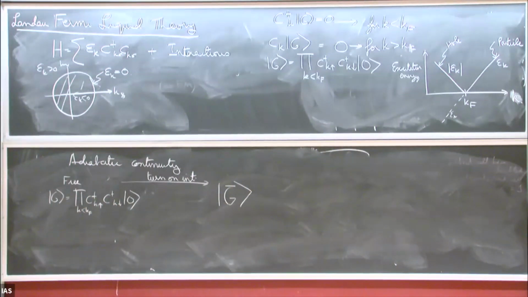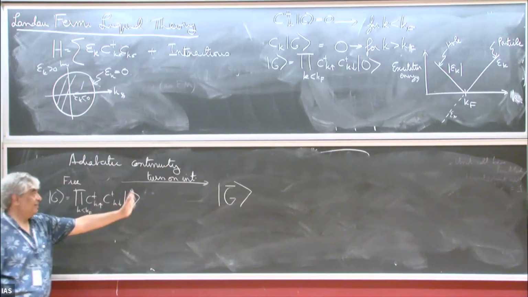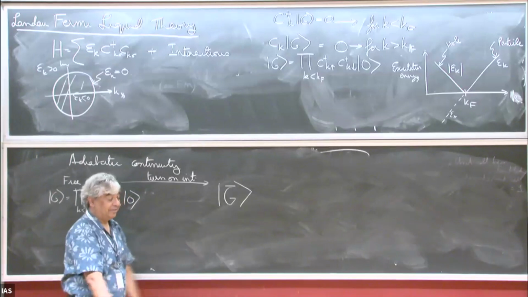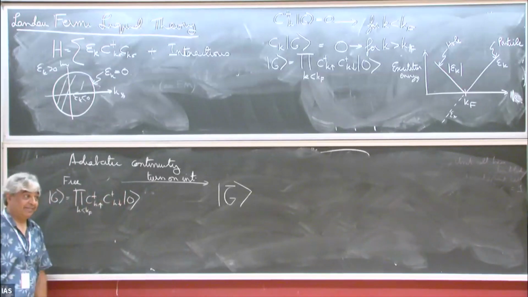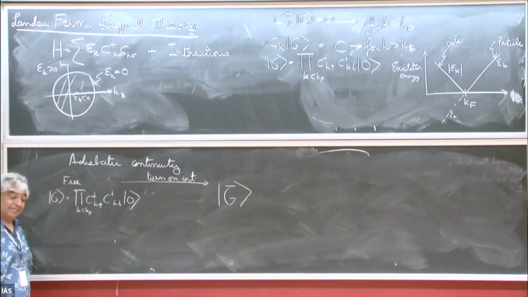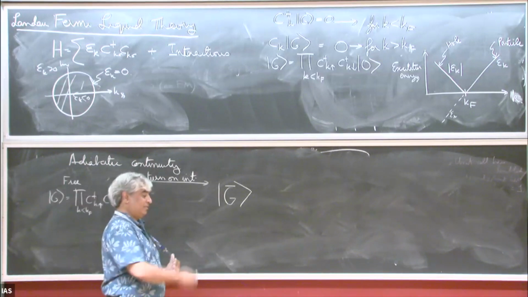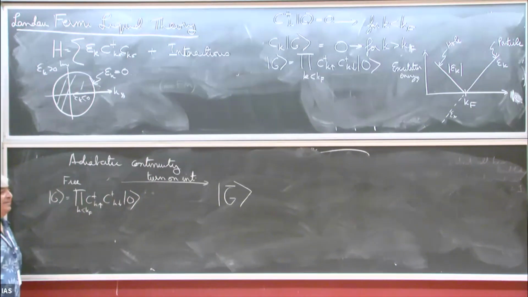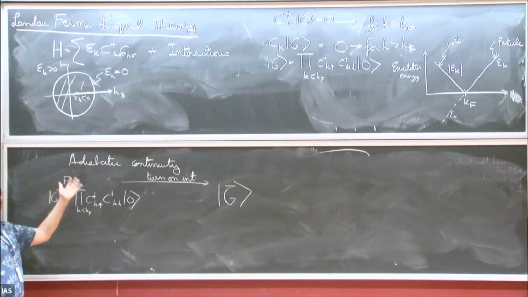And that's really one of the most important assumptions, that this is a smooth process, that along this way you don't encounter any singularity. Now, when you have a gapped state, that's a much easier statement to make. You say that if you can connect it without closing the gap, then you're fine. Here it's a bit tricky because it's a gapless state. So what do you mean by adiabatic continuity?